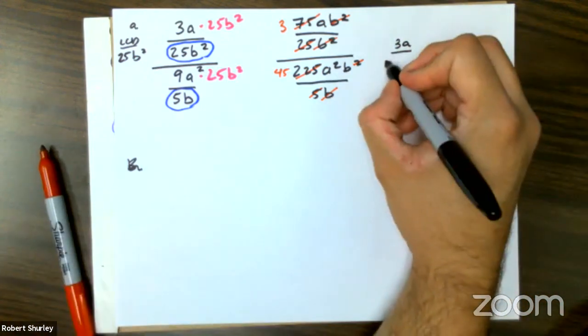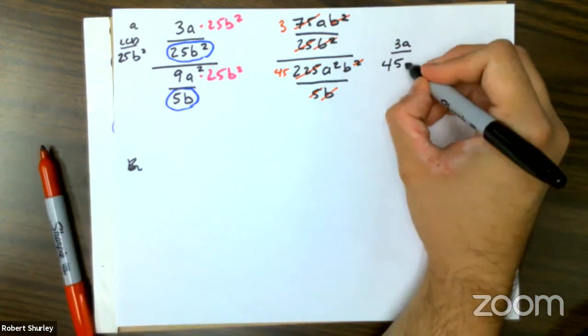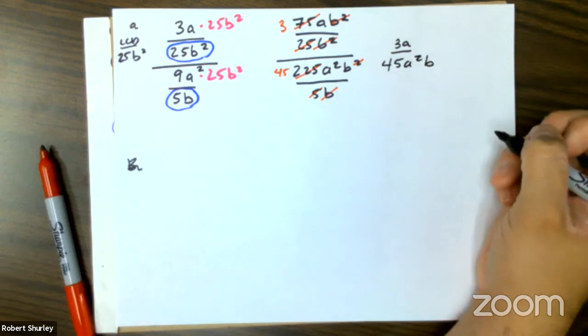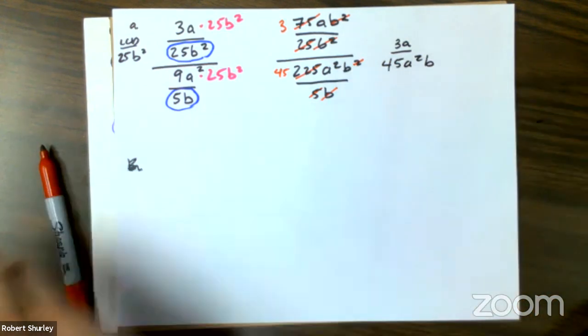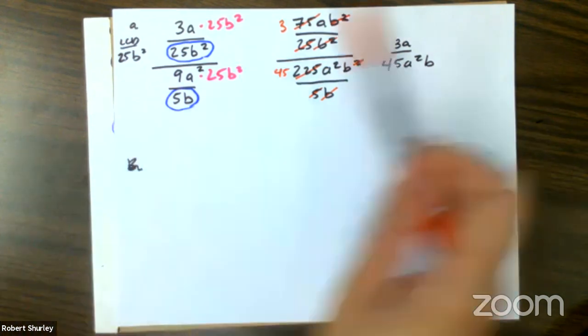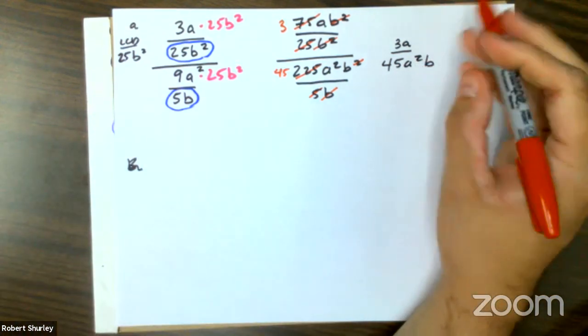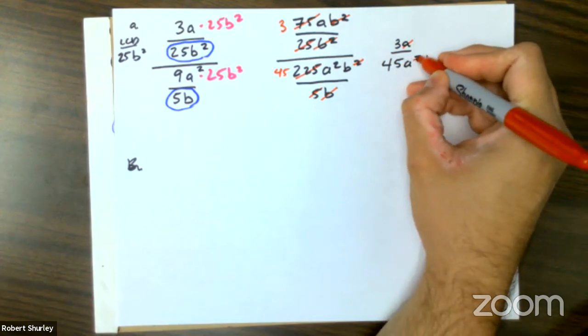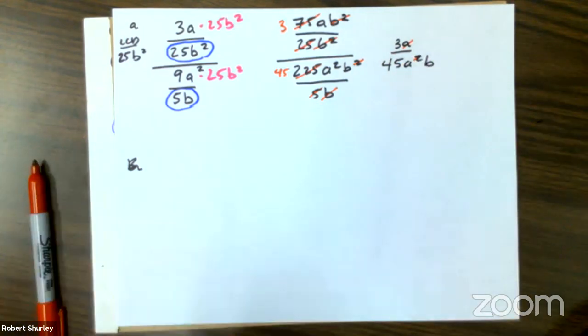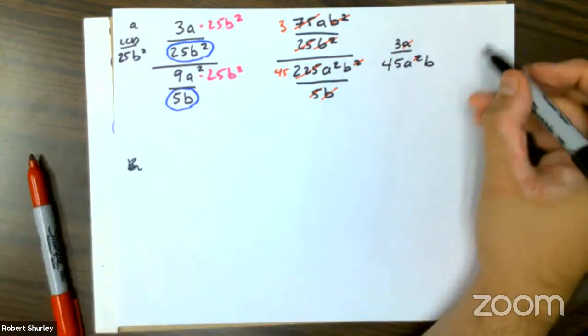So therefore, I'm left with 45 a squared b. Okay, 45 a squared b. And then I'm not done here because I can keep going. Look, I got an a up top and an a squared on bottom. So the a on top cancels with one of the a's on bottom.